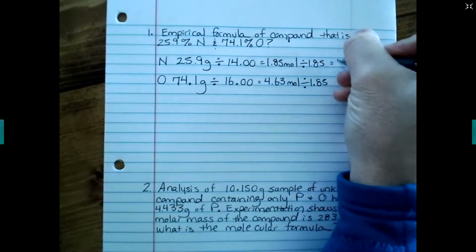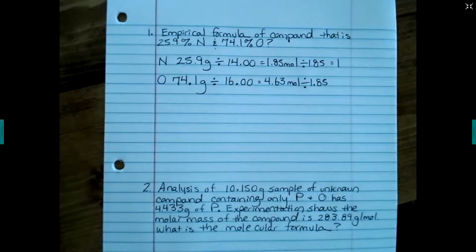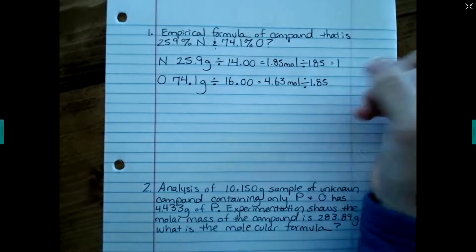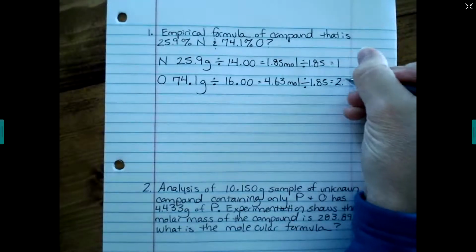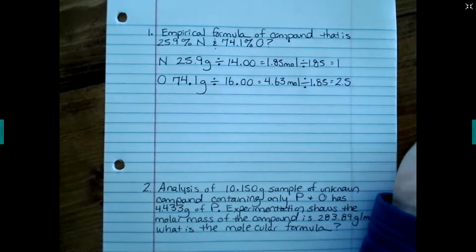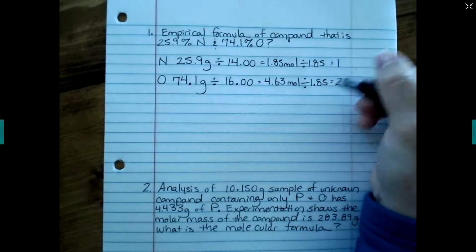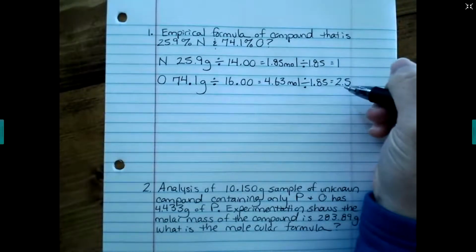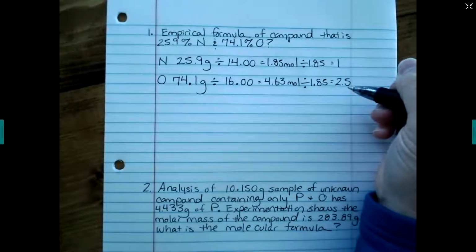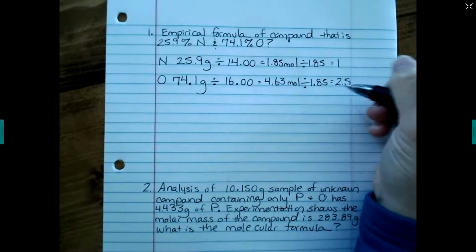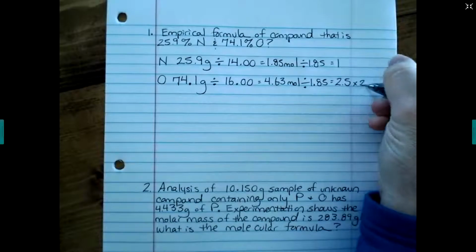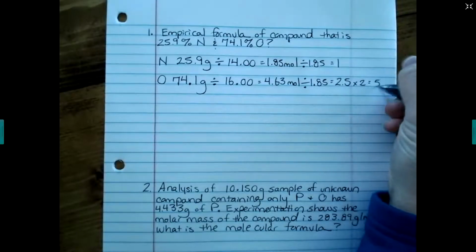And I get 1. 4.63 divided by 1.85 gives me 2.5. All right, so this is the situation I was talking about. After this step, you should get whole numbers. If you don't, then you need to multiply by some multiple to give you whole numbers. Since this is 2.5, I know if I multiply by 2, that will give me 5.